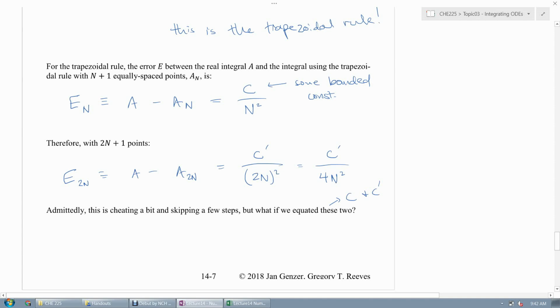If we equate c and c prime, then c prime equals 4n squared times a minus a 2n, and c is equal to n squared times a minus a n.